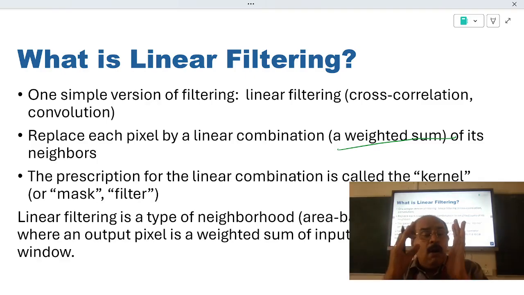That kernel or mask is called the filter. Linear filtering is a type of neighborhood operator where an output pixel is a weighted sum of the input pixels in a local window.